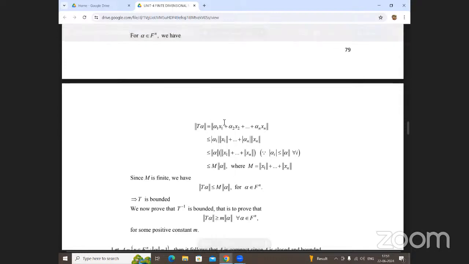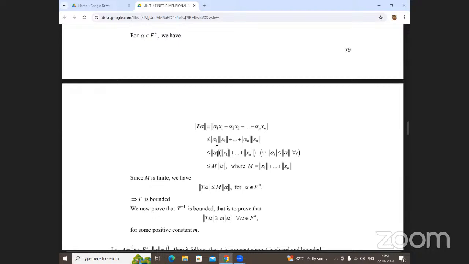The norm of each scalar is its modulus: mod alpha 1 into norm x1, plus mod alpha 2 into norm x2, plus so on, mod alpha n into norm xn, because the norm of a scalar is its absolute value.